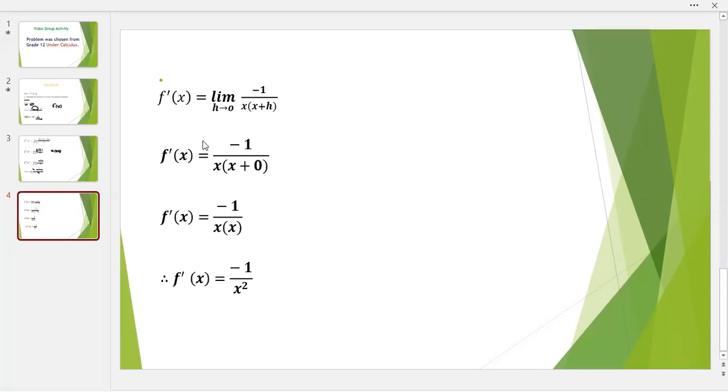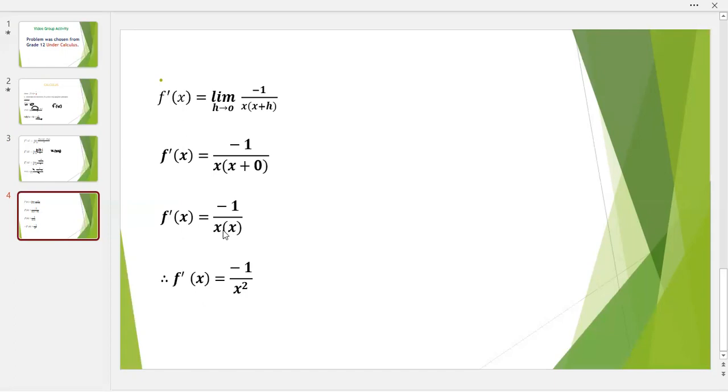Let us proceed. As h tends to 0, we are going to have f prime of x equal to negative 1 all over x into x plus 0. Remember that. So in that case, we are left with f prime of x equal to negative 1 all over x into x.